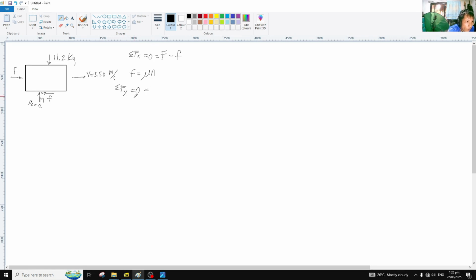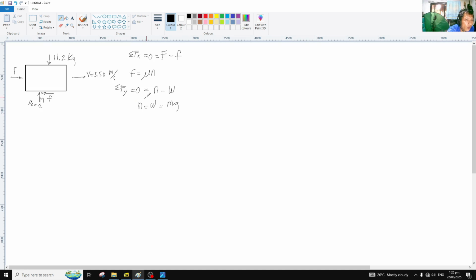So, the summation of Fy: because you don't have movement on y, what is going up is your normal force, and what is going down is your weight, which is equal to mg, the mass multiplied by the gravitational pull. There's no other force, so N is equal to W, which is equal to mg.